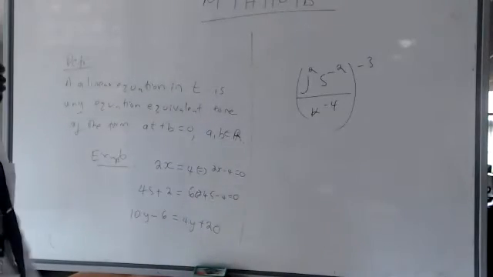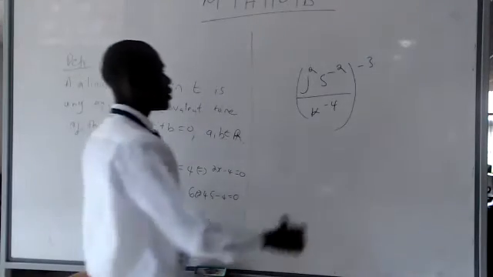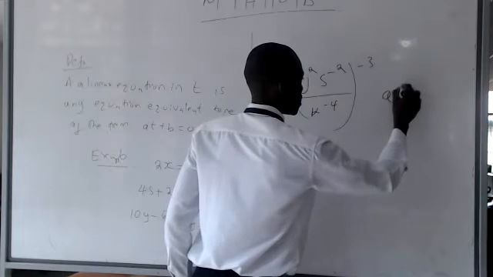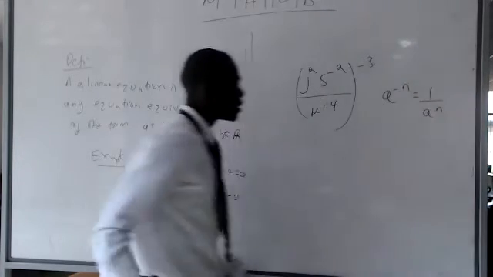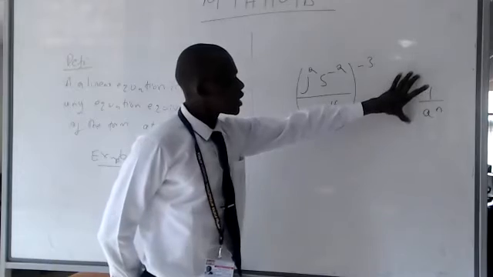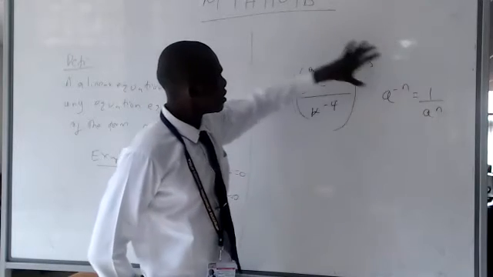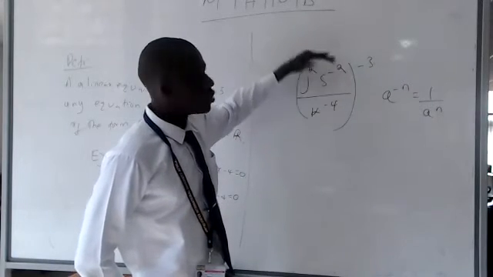For such a problem, the one single identity you need to remember is that a raised to minus n is 1 divided by a raised to n. With just this identity, you are able to do the job.